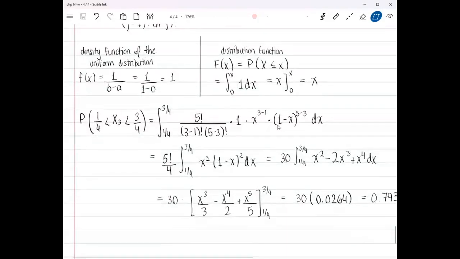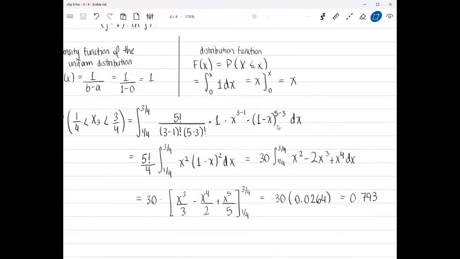With those, we can set up our function, which is the probability that the median x3 is within the interval. We fill it out accordingly with the bounds and the functions, integrate, multiply the equations, and solve, and the probability that the median is in the interval 1/4 to 3/4 is 0.793.